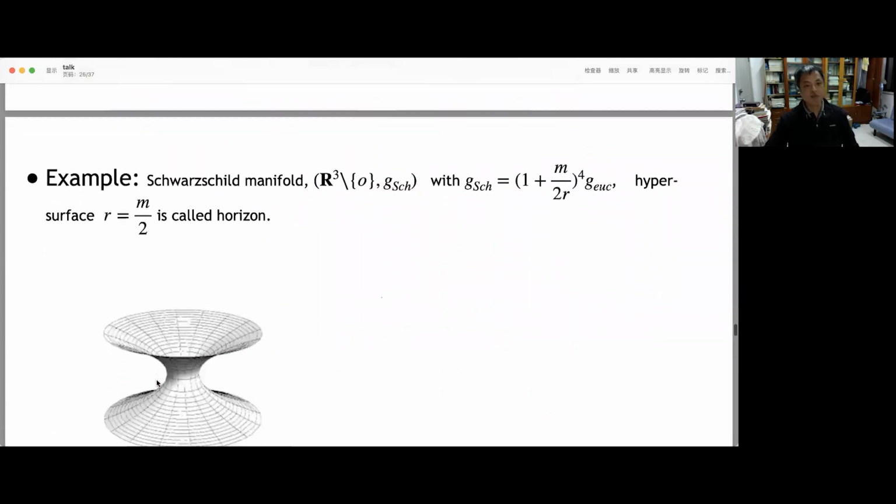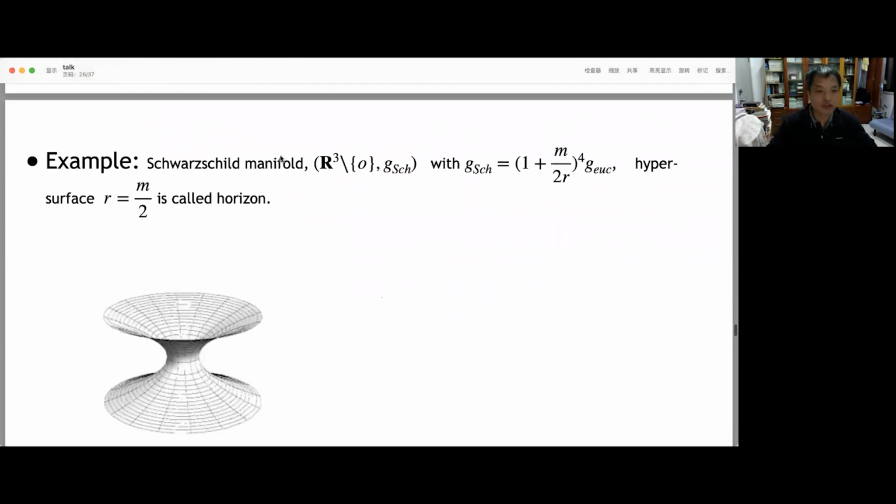Now, let me just show you examples. Now, this is the Schwarzschild manifold. Here the underlying differential manifold is R^3 minus the origin point O. And this Schwarzschild metric can be written this way. This is the Euclidean metric on R^3, and this is the conformal factor.